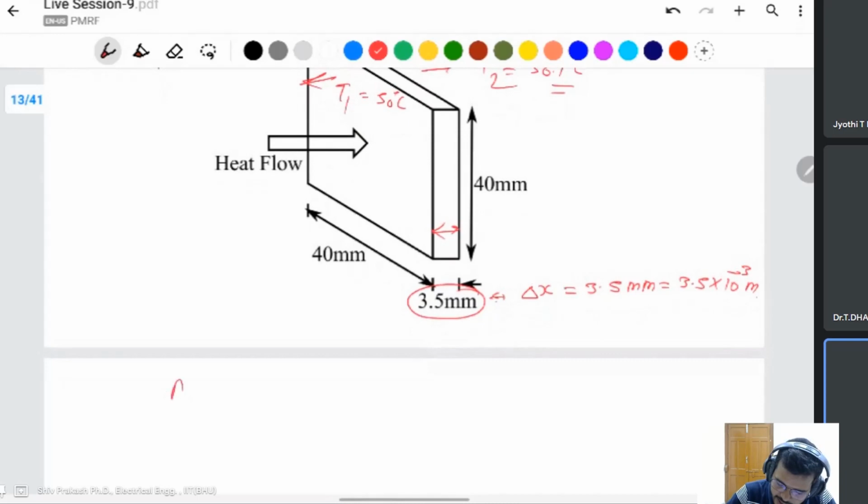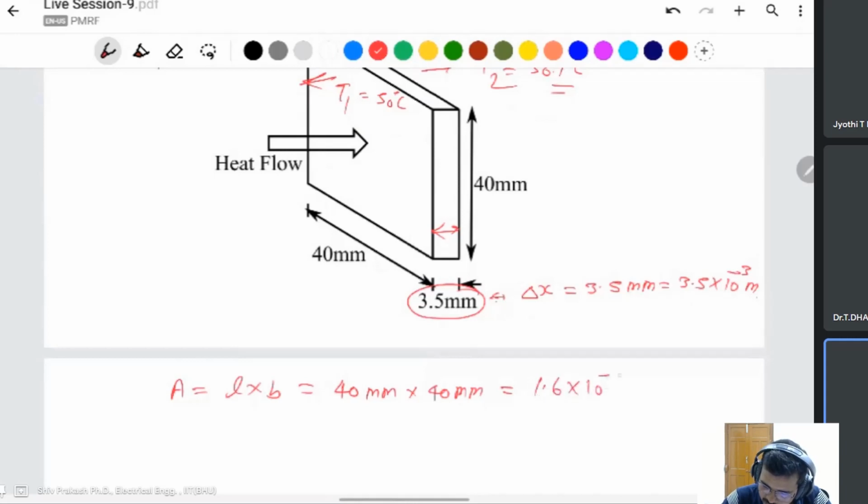What is the area? L into B, which is 40 mm into 40 mm. That is 1.6 into 10 to the power minus 3 meter square. That is 1600 into 10 to the power minus 6, which is 1.6 into 10 to the power minus 3.